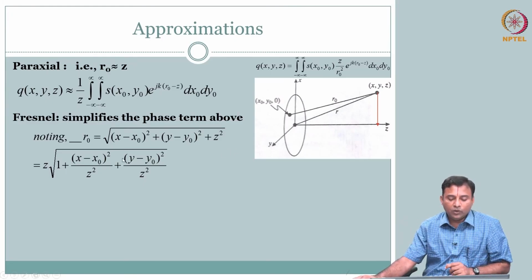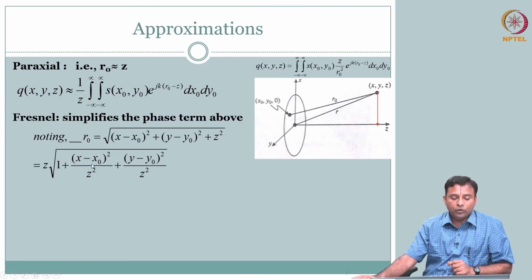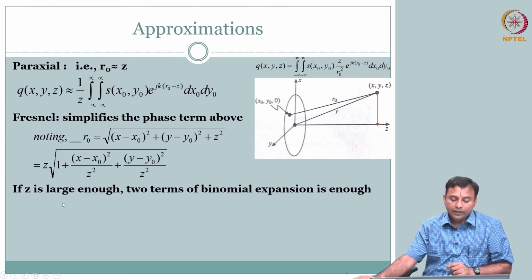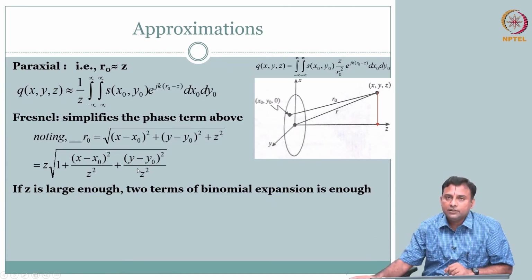So if you have reasons to believe that you are looking at a z that is far away, so z is large enough, then I can ignore the higher order terms and approximate using only the first two terms for this square root expression.